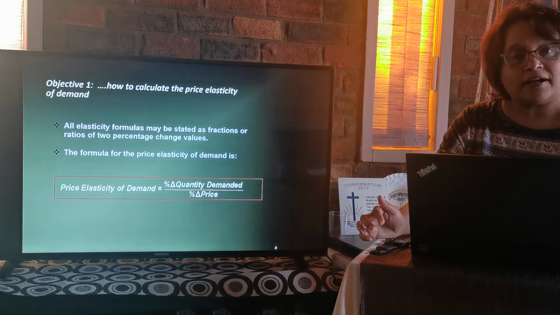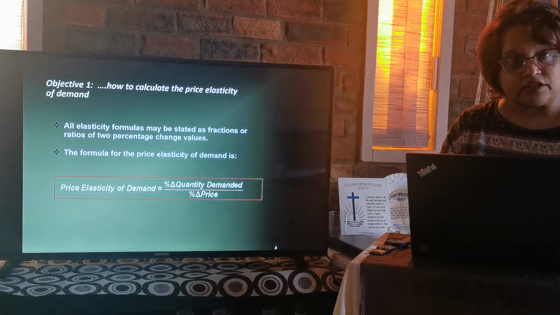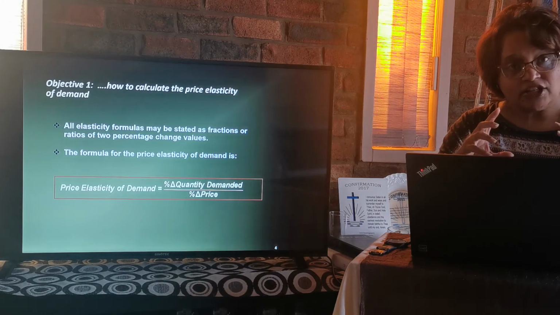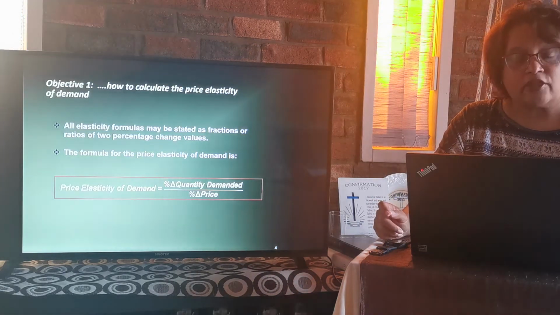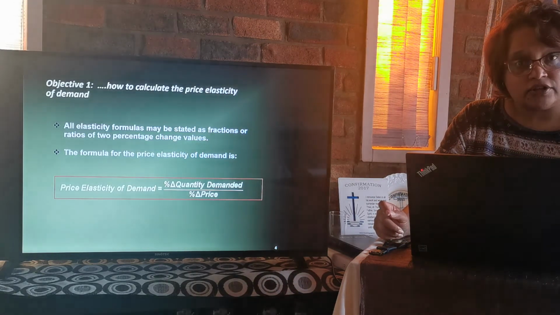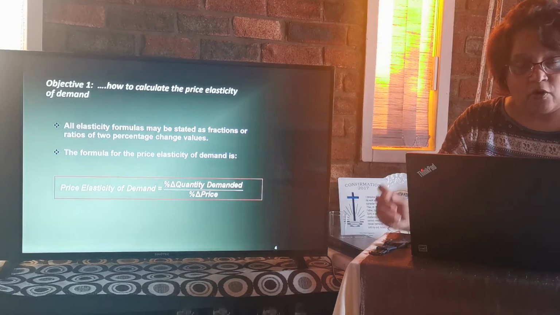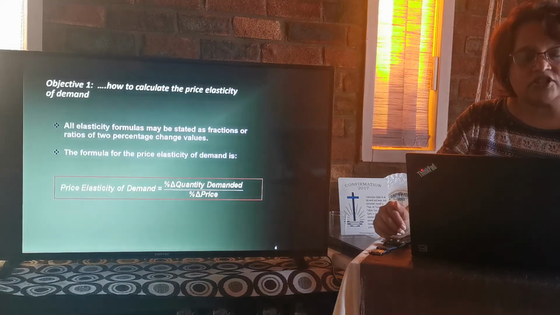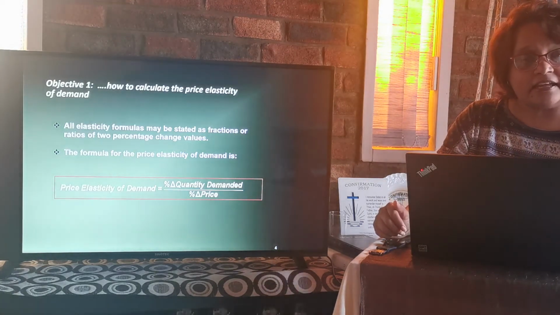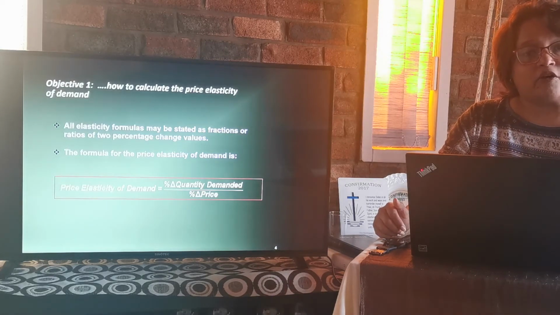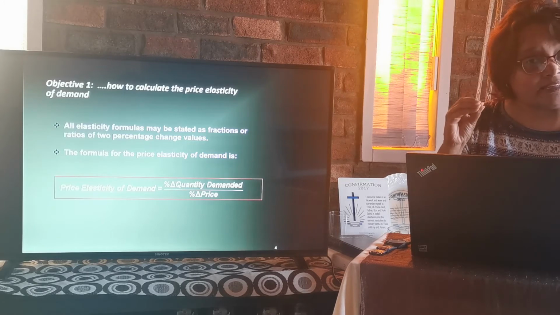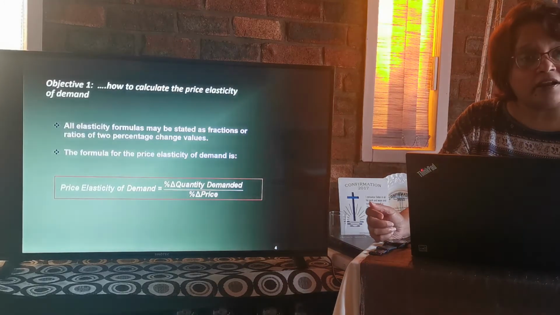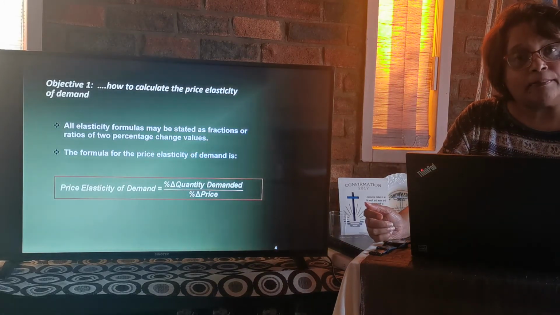The formula for the price elasticity of demand is as follows: the change in the quantity demanded divided by the change in price.